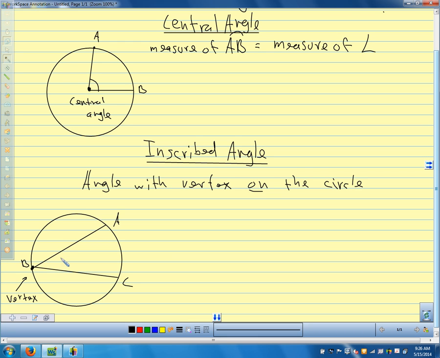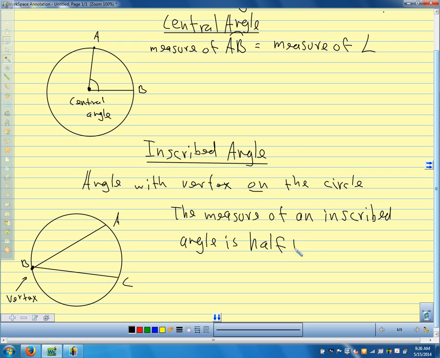So our first theorem, our inscribed angle theorem, tells us, anybody want to guess? The measure of an inscribed angle is, anybody want to guess how the measure of the angle and the measure of the arc are related? Good guess. Half.